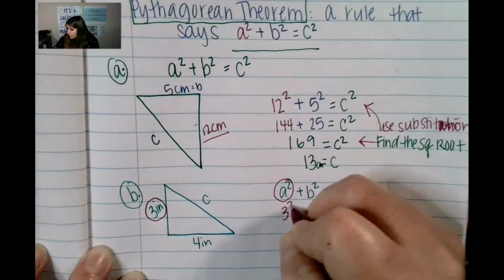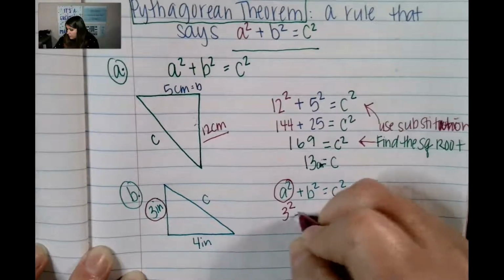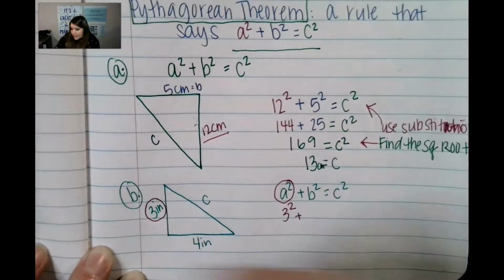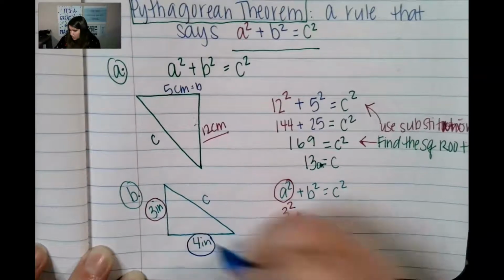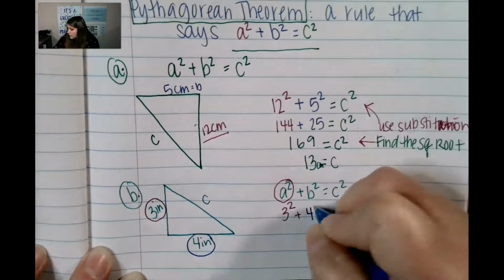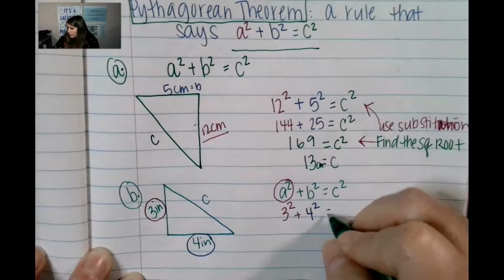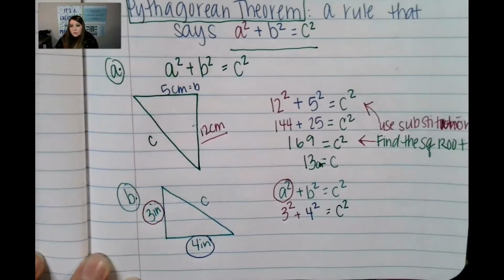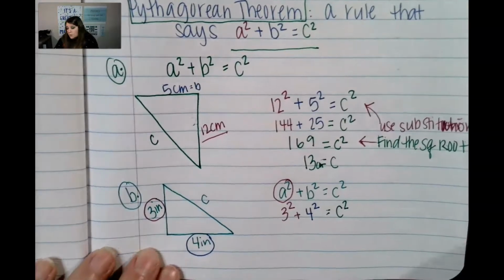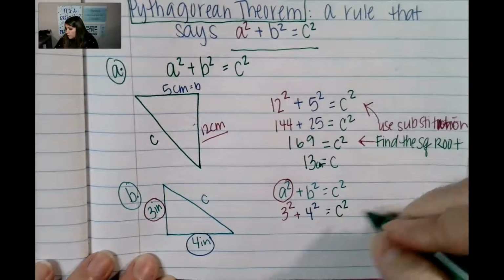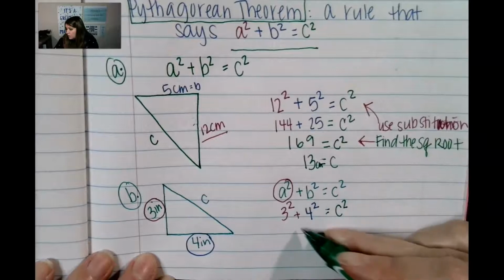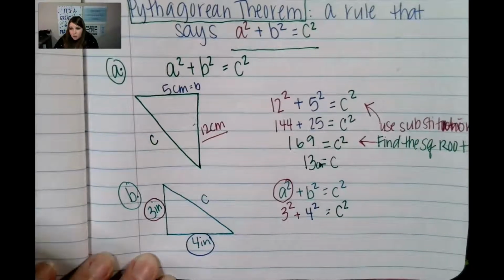So this is 3 squared, plus we have leg B, which is 4 inches, so 4 squared, and we are looking for c squared. So now we've used substitution. Now we're going to solve by squaring.